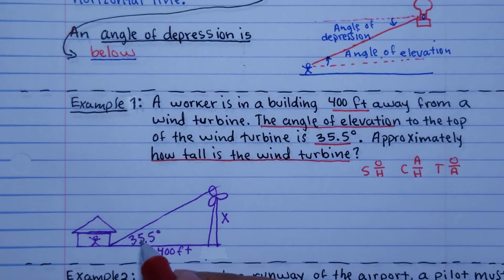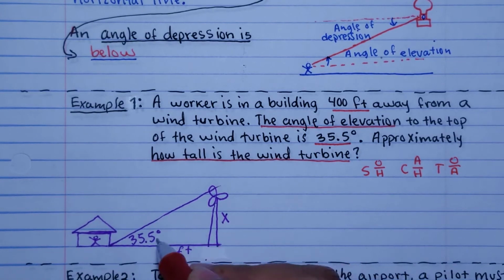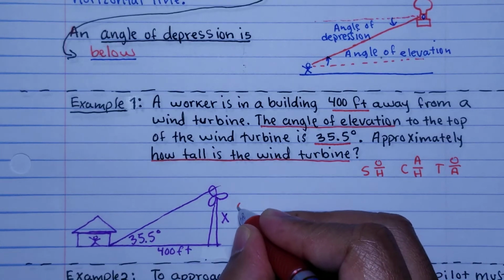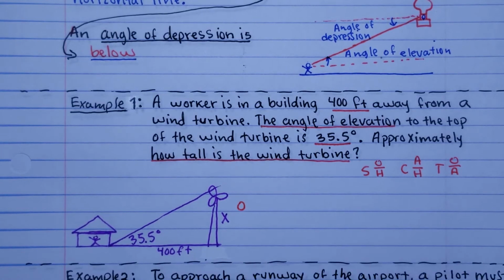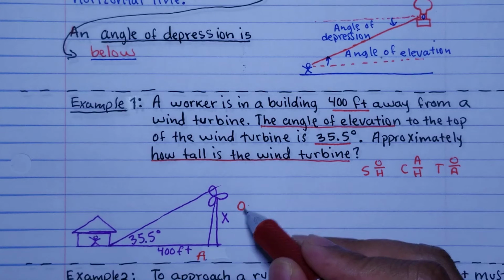All right, so based on the angle here, this is the angle of reference. This side is opposite to the angle, so that makes it the opposite side. And then this side is adjacent to the angle, or right next to the angle, which means this is A, okay? So now we have opposite and adjacent.